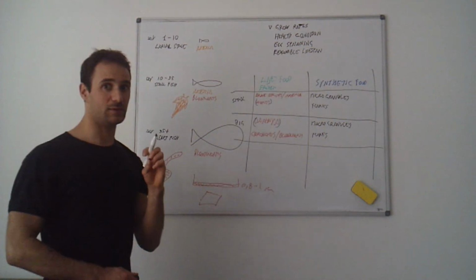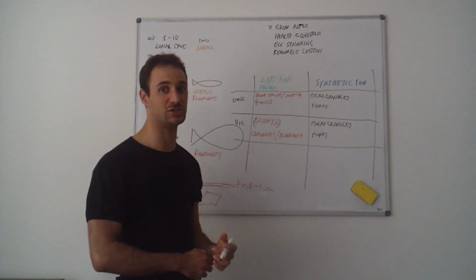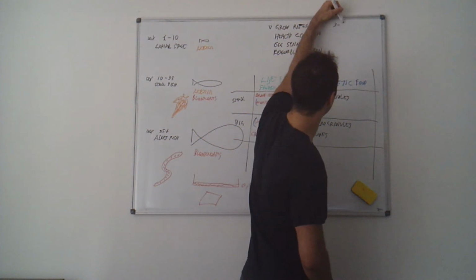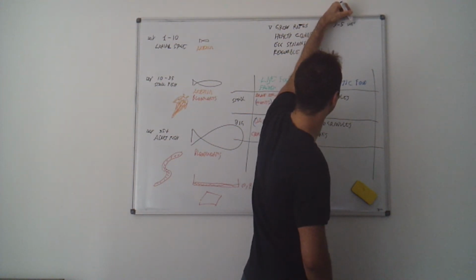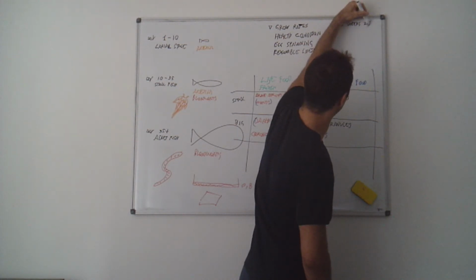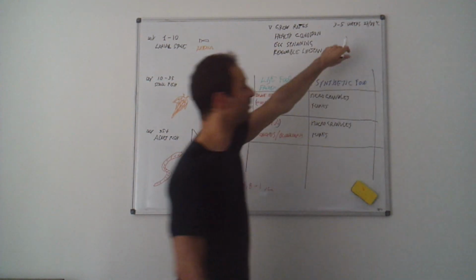So keep in mind that the fish must reach sexual maturity within 3 to a maximum of 5 weeks at 27, 28 degrees. This is a must.